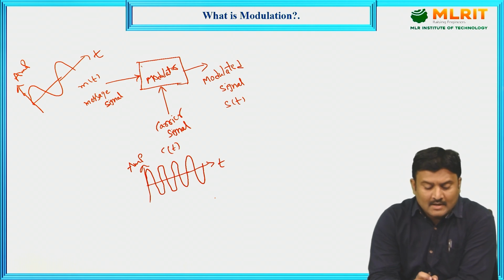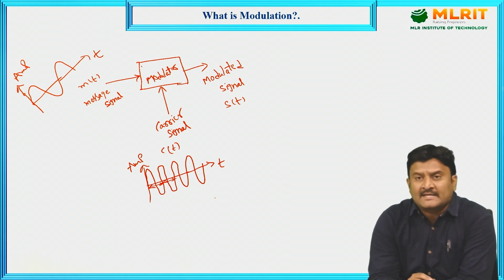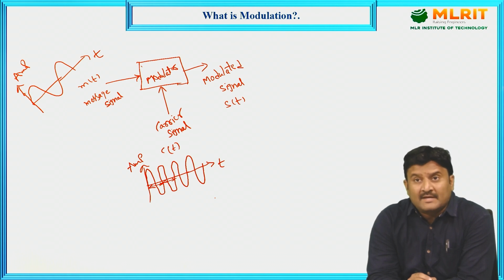In the carrier signal, the time gap between the cycles, this is one cycle and this is another cycle, is very small. Time is always inversely proportional to frequency. Once the time period is very small, the signal frequency is high. That's why it is called a high frequency signal, the carrier signal.